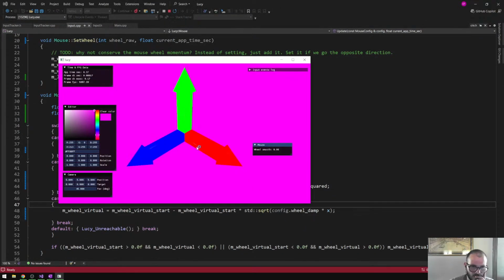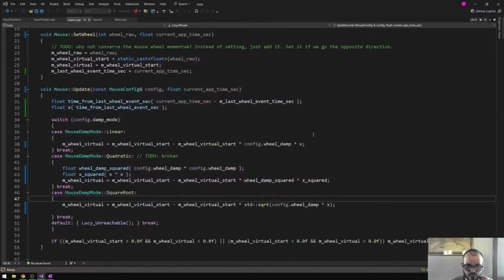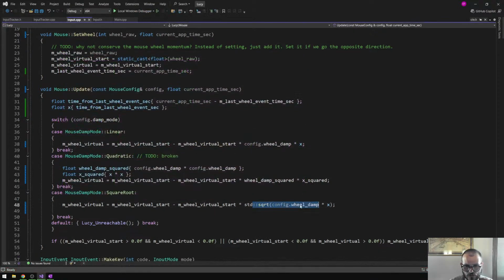If I do so, it's slower, because I also square rooted the damping factor.